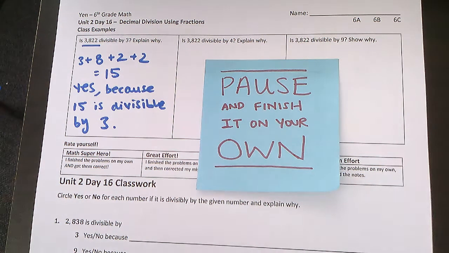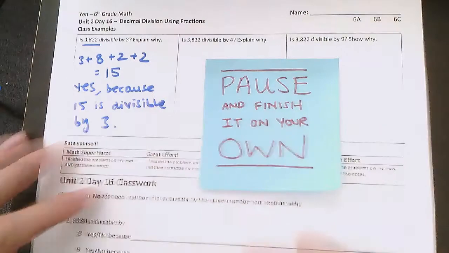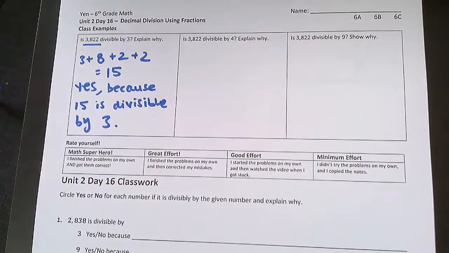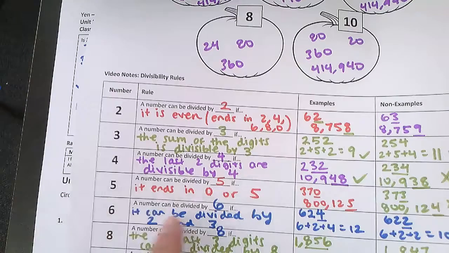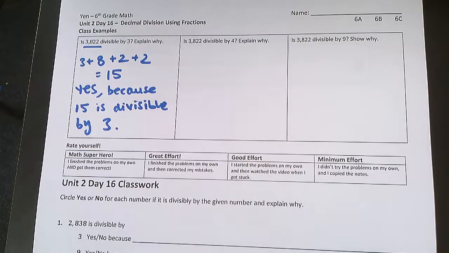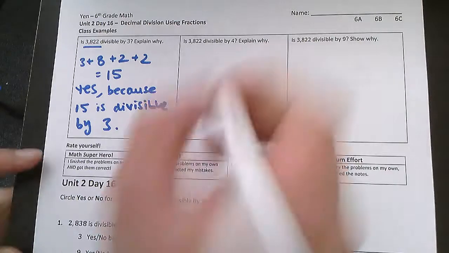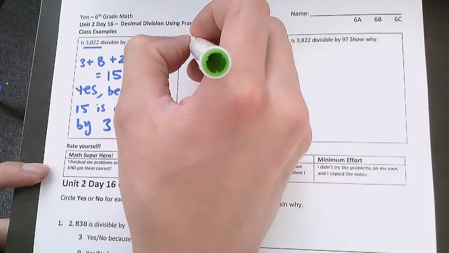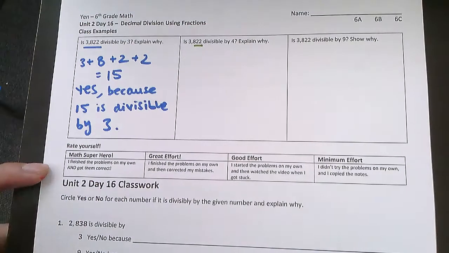Now you are resuming the video after you have tried these two on your own. Using our notes here, 3,822, is it divisible by 4? Here's how we check. The rule for 4 is if the last two digits are divisible by 4. The last two digits are 22.